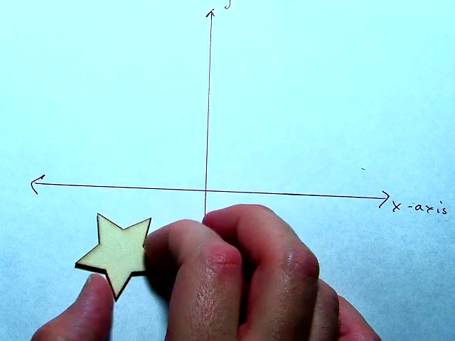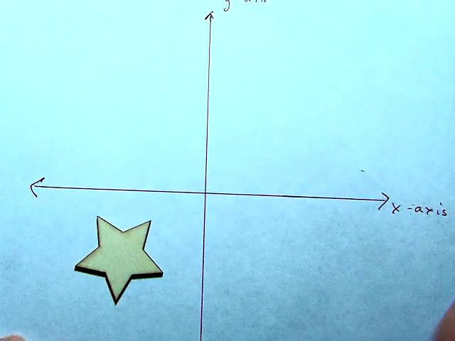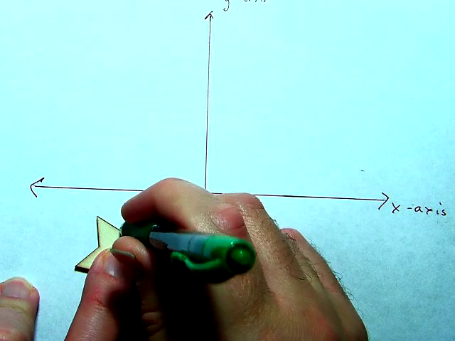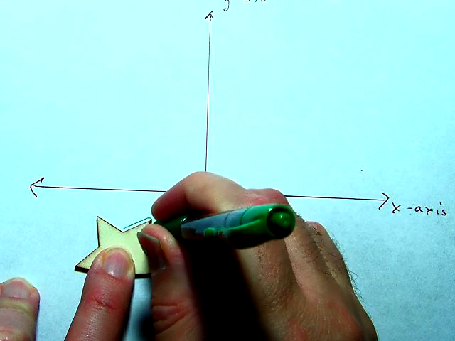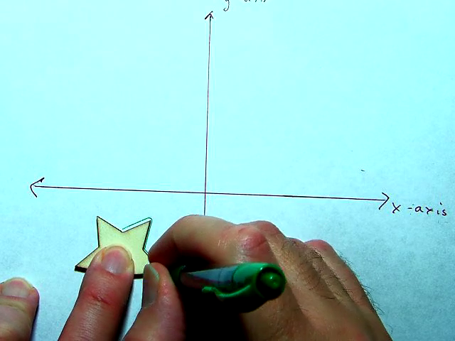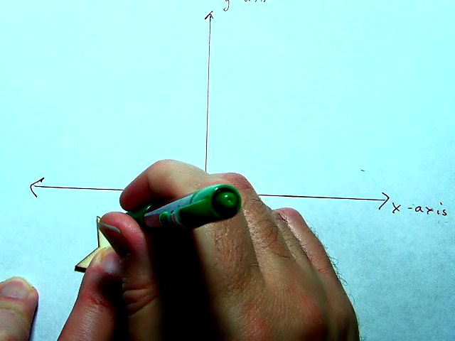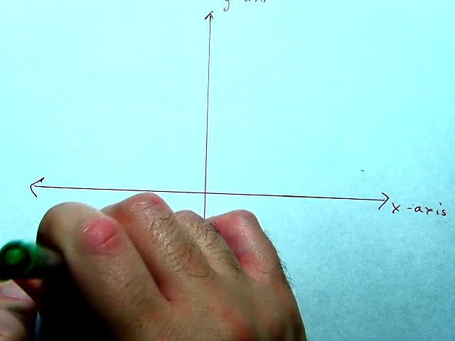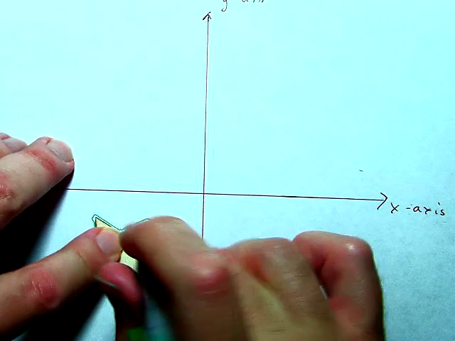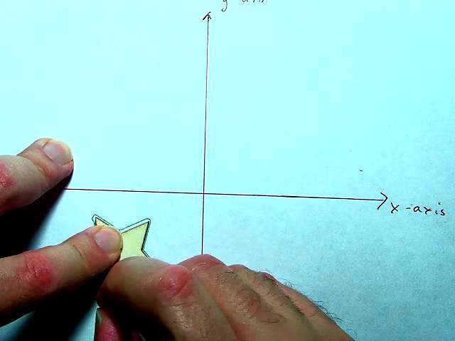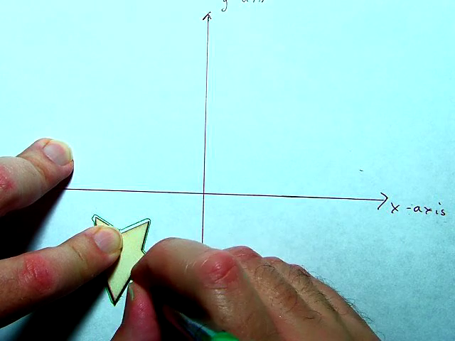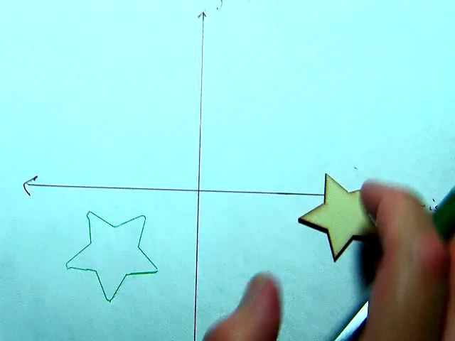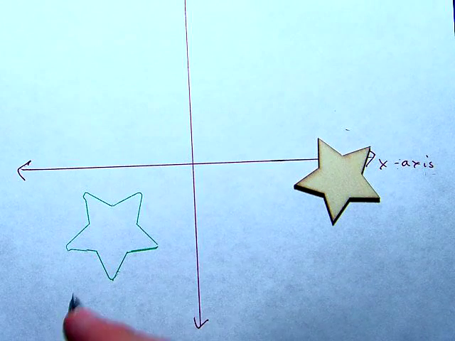Okay, so if we had a figure that started here, I'm going to just trace out the border of this star with a pen to indicate a figure that is what we were given to start with. Okay, so that gives us what we're starting with, which is often called a pre-image.